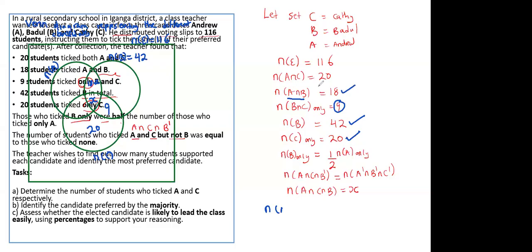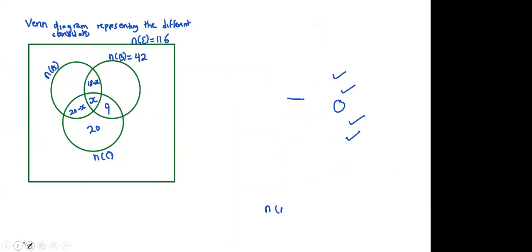Then A and C here was 20, so here we shall put 20 minus X. That is the first thing we are going to do. Is that okay to everyone? Please check through whether how we have filled in the first part is okay to you.